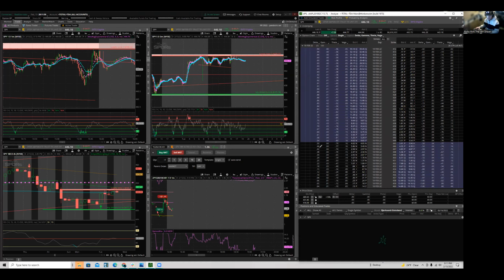All right. So we pick the one with 42, right? And we get in at the support level. Then we wait for the target right here, 446. So from 436 to 446, that's $10. So you do 42 times 10.